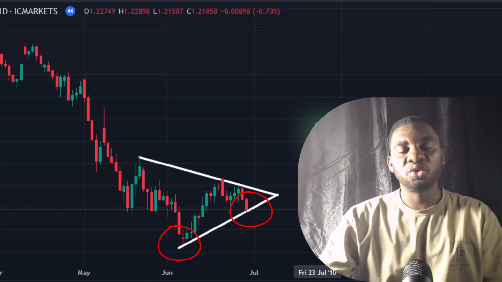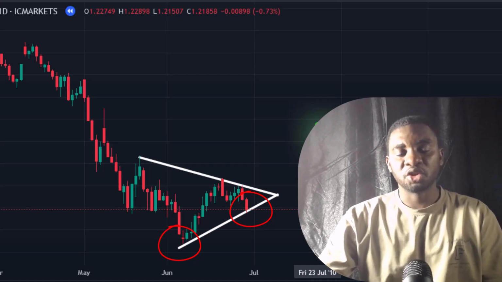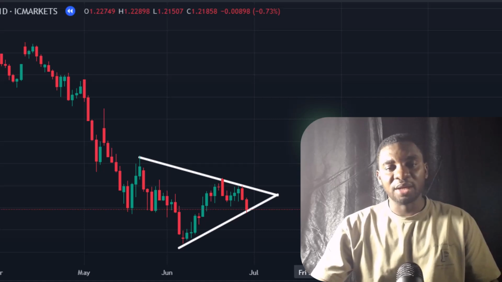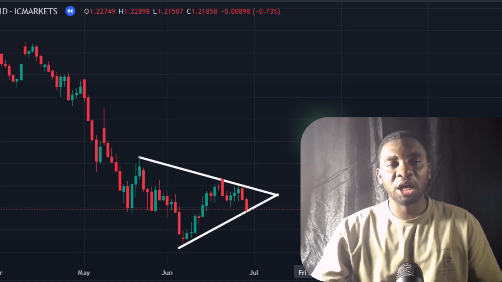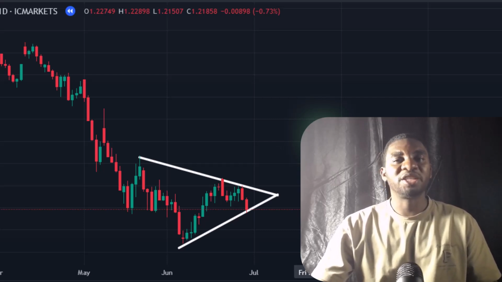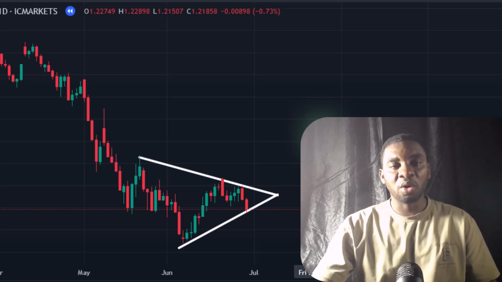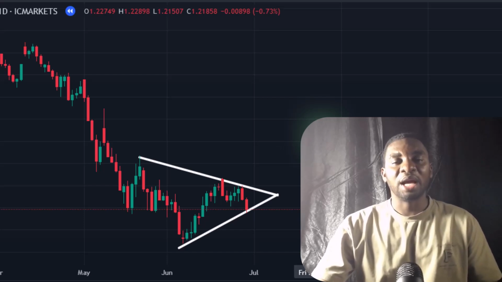So 2 touches on the support level and 3 touches on the resistance level. And like I also told you earlier, when you see a symmetrical triangle, you should expect a breakout in either direction. That means a breakout could occur to the upside and it could also occur to the downside.